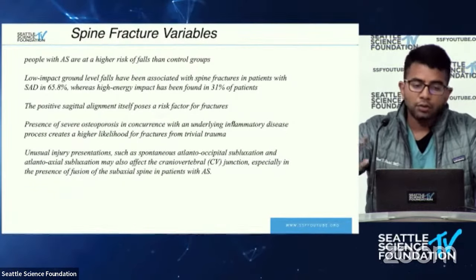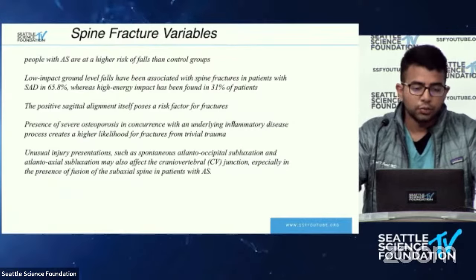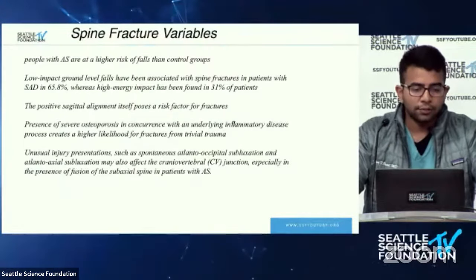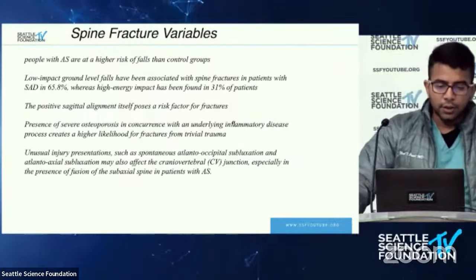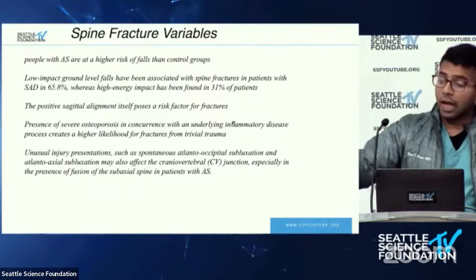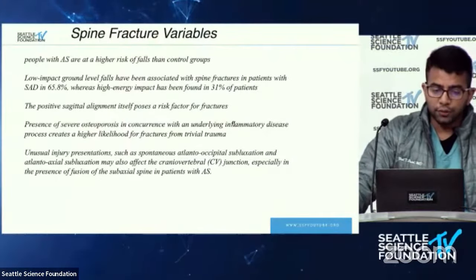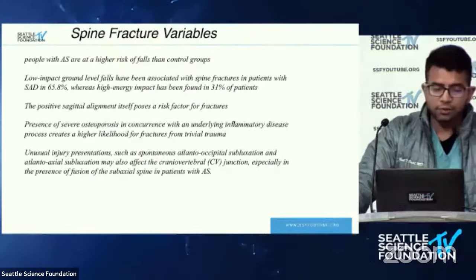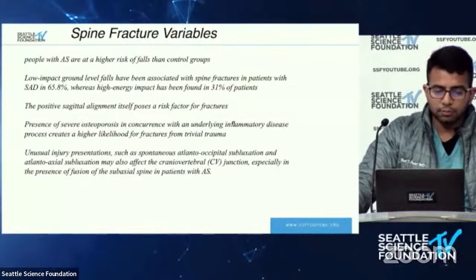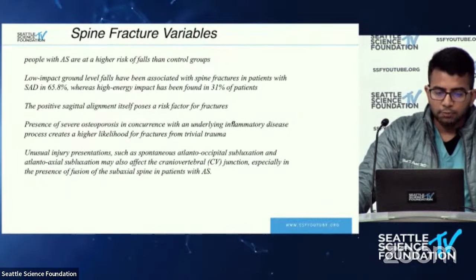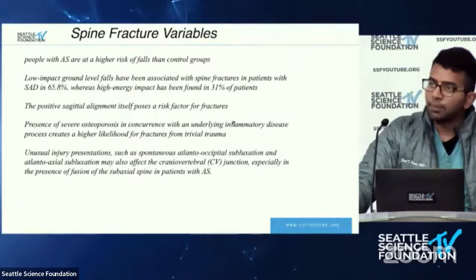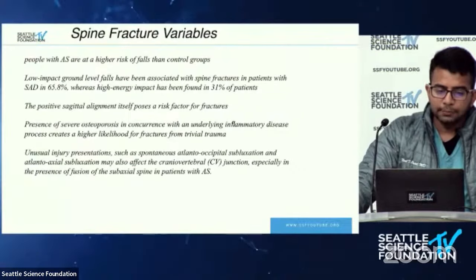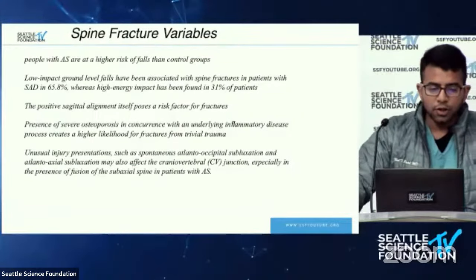Whereas younger patients without these disorders usually present with some kind of high impact trauma. So very different. Positive sagittal alignment, due to the curvature and the way they fuse, of course, adds to risk factors and adds to ODI, daily life and activities of daily living issues.